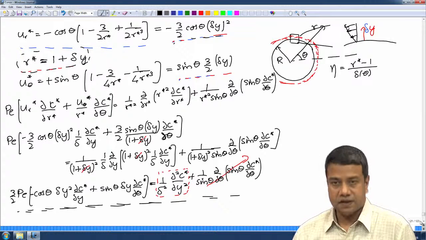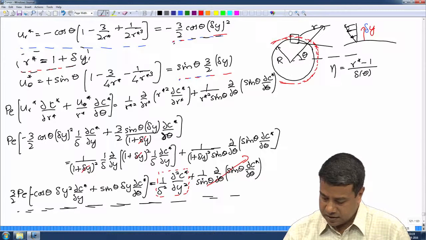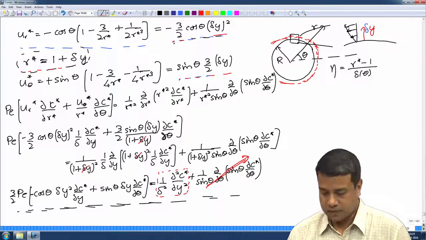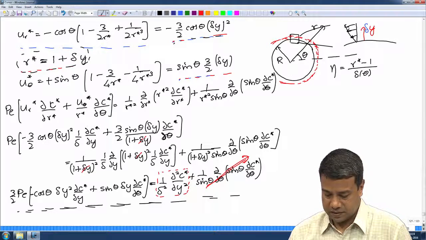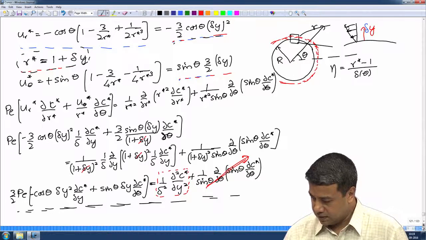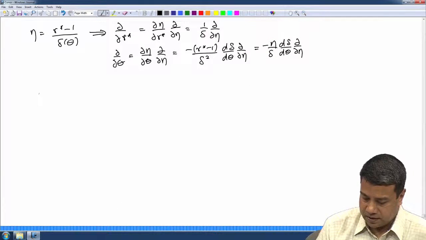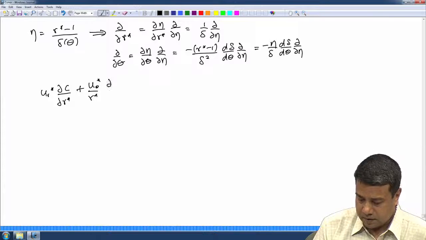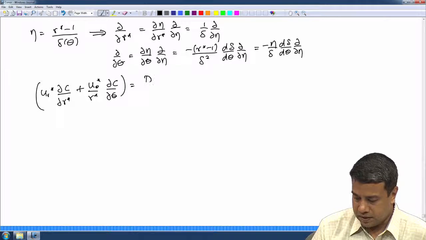And now, I can take this scaled equation. I know that streamwise diffusion can be neglected, and the cross stream diffusion term will just be equal to 1 over delta square, partial C by partial delta. So, if I express this back, my original equation was u r partial C by partial r plus u theta by r partial C by partial theta is equal to d by r partial by partial r.